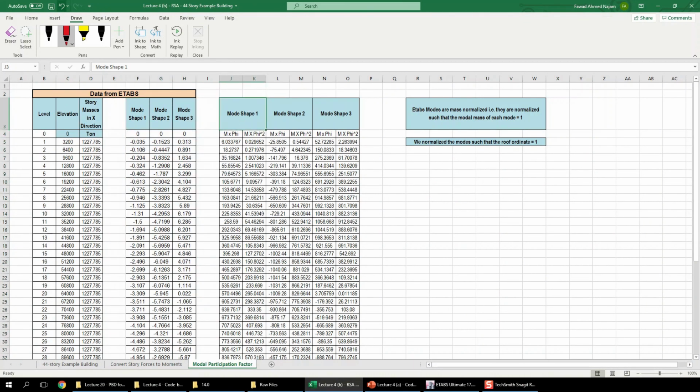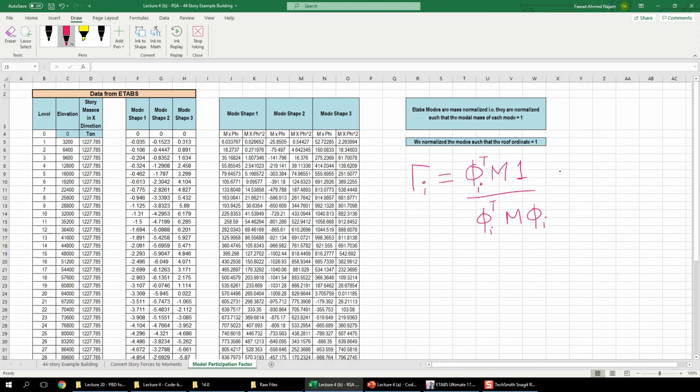So the modal participation factor becomes, for example here, gamma I is equal to, if you remember, phi I transpose into m into 1, divided by phi I transpose into m into phi I again.